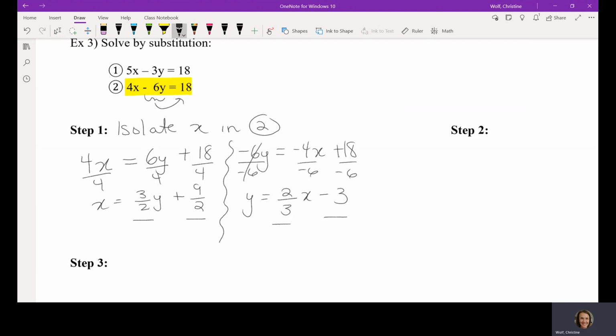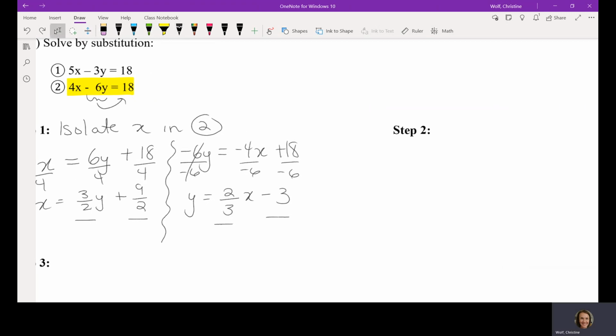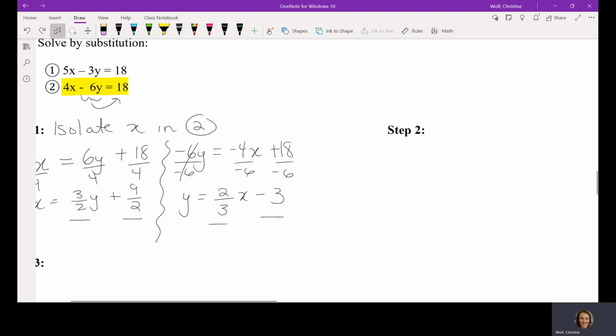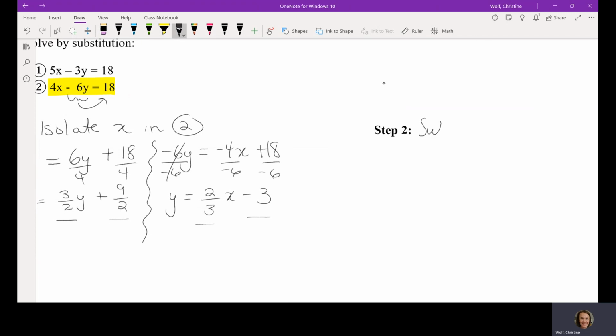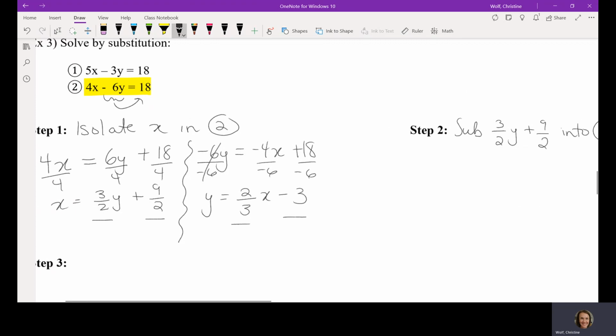But again, like my step says, I'm going to keep going with the first one I did, x. So step 2 is I take what x equals. I'm going to sub 3 over 2y plus 9 over 2 into the equation I haven't used yet, which is number 1. So I take number 1, which is 5x minus 3y equals 18.